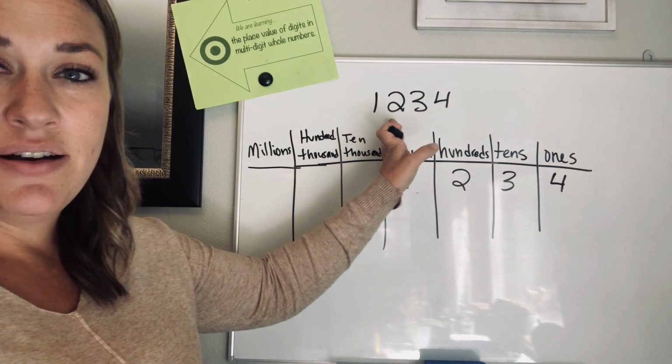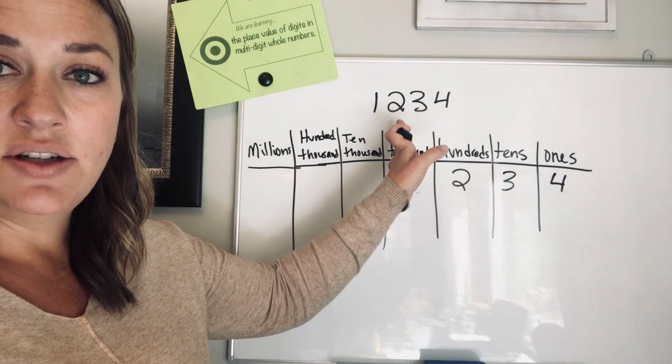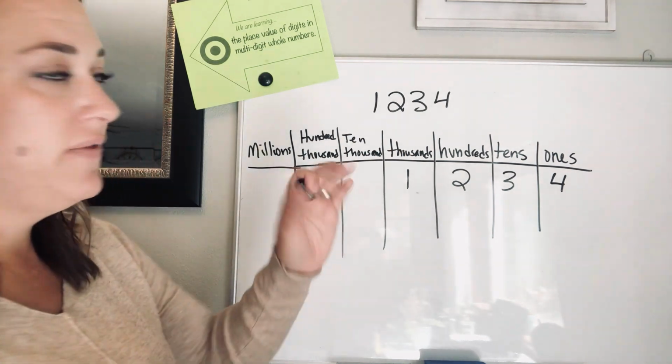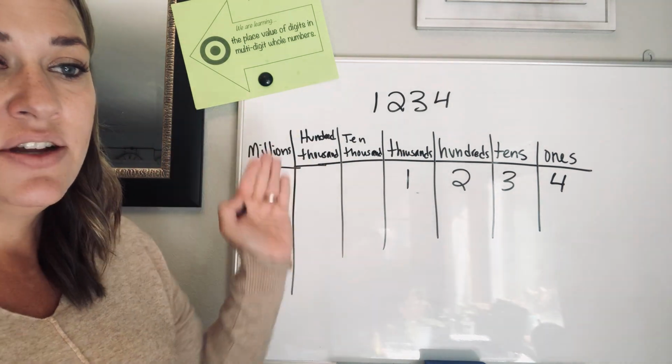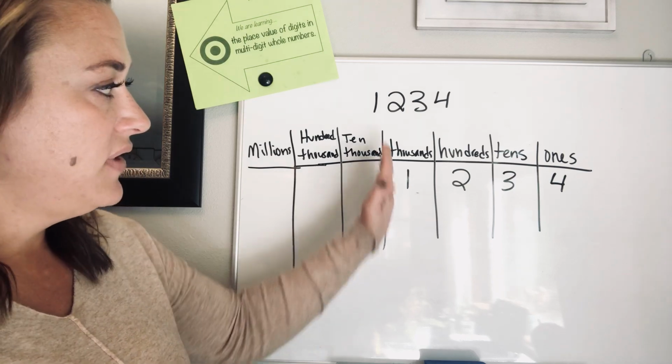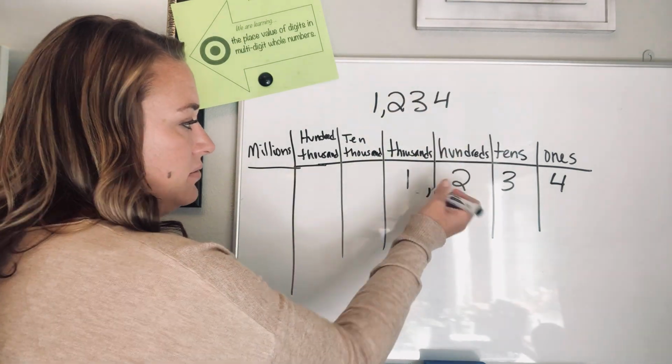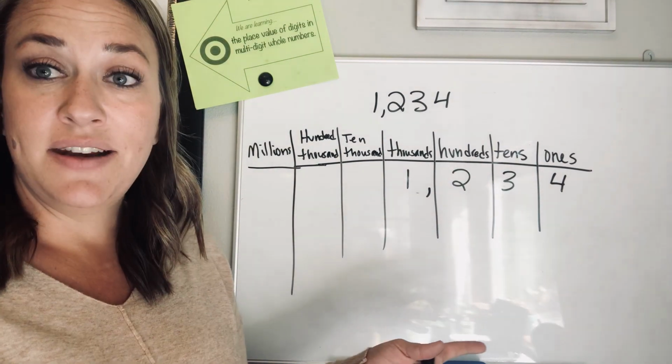But what are we missing in our number? We're missing that comma. The very first comma is always going to go after your thousands place. If you have any value in the thousands, our comma is going to go right behind it. So now that looks like a number.